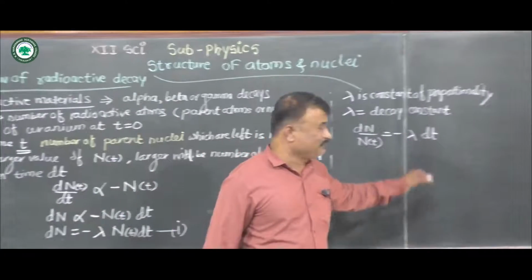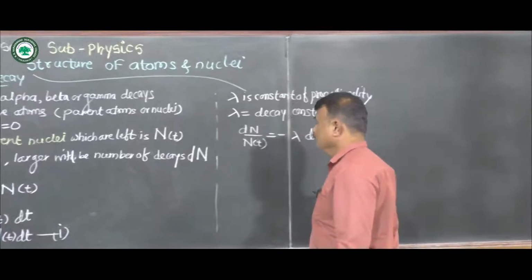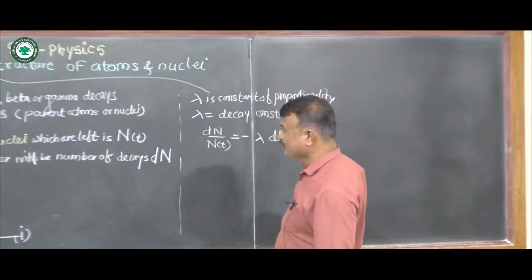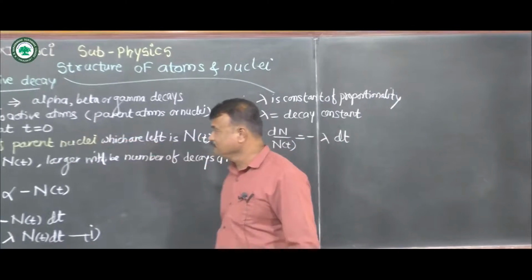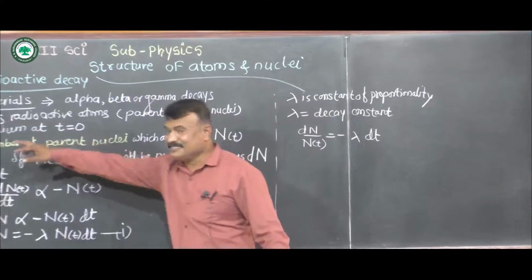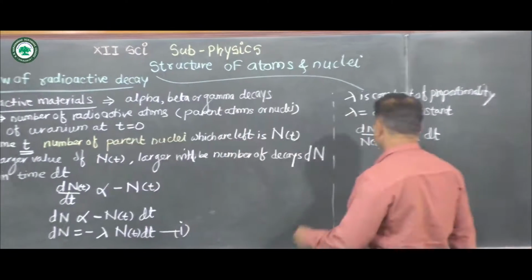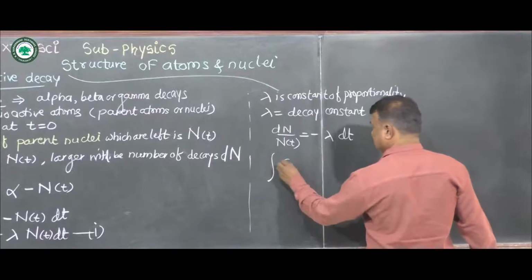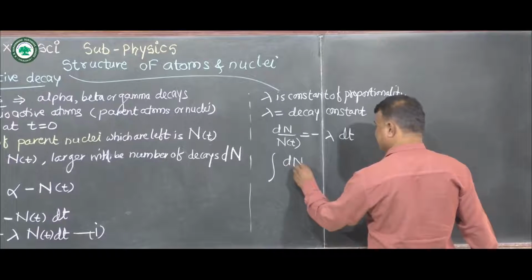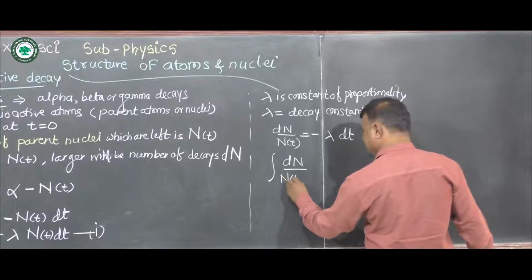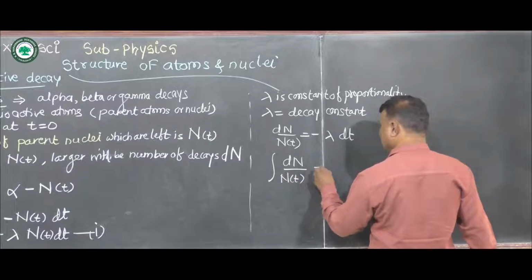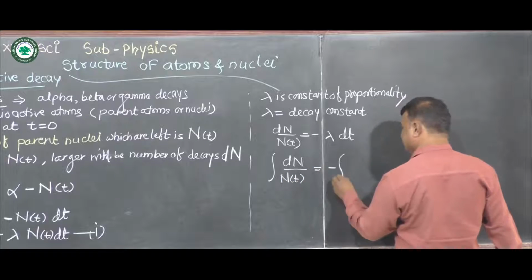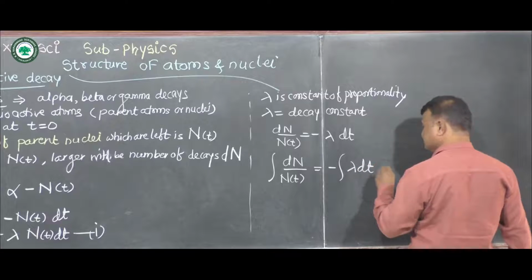Now we integrate this equation, because we know that initial time is 0 and final time is t. Integration of dN upon Nt is equal to minus integration of lambda into dt.